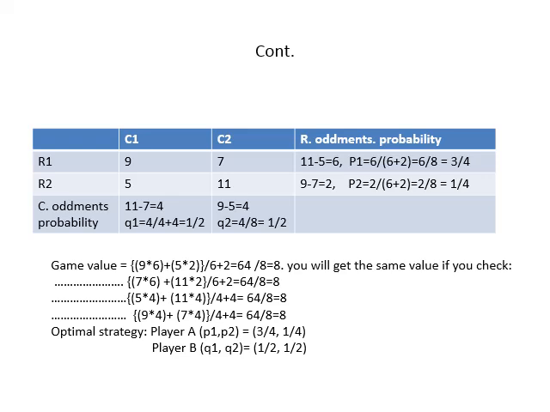9 multiplied by 6, close the brackets, plus 5 times 2. We calculate this operation in each row. So 9 times 6 plus 5 times 2.